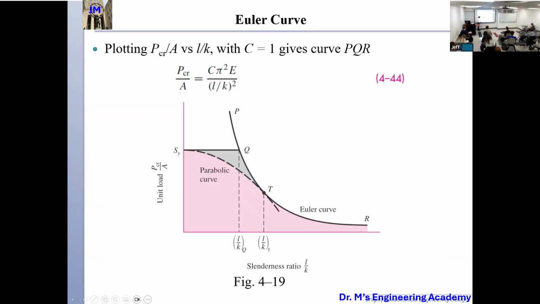This is the Euler curve, and it is a parabolic curve. If your slenderness ratio is greater than this value, we use the Euler curve. Otherwise, we will use a parabolic curve instead.